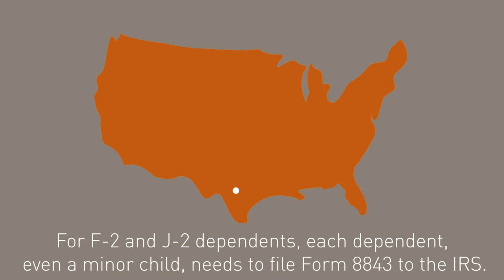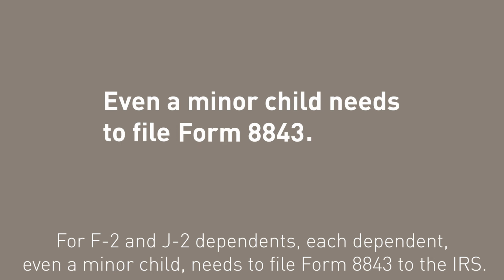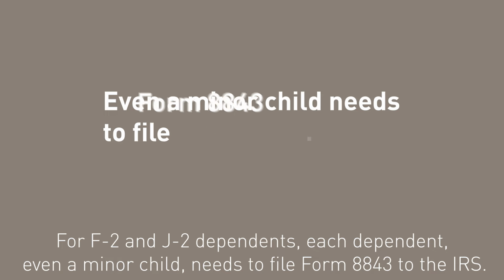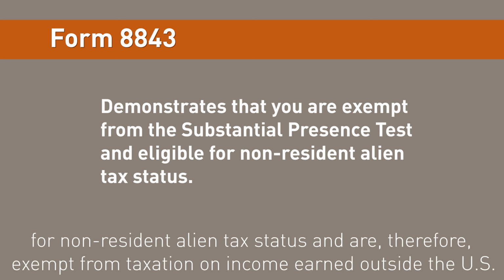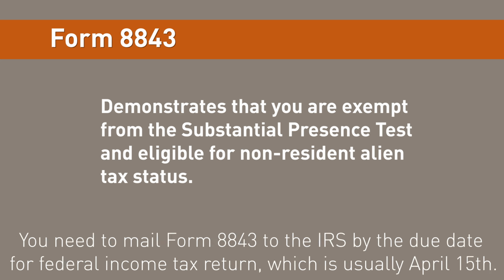For F2 and J2 dependents, each dependent, even a minor child, needs to file Form 8843 to the IRS. Form 8843 demonstrates that you are exempt from the substantial presence test and eligible for non-resident alien tax status and are therefore exempt from taxation on income earned outside the U.S.